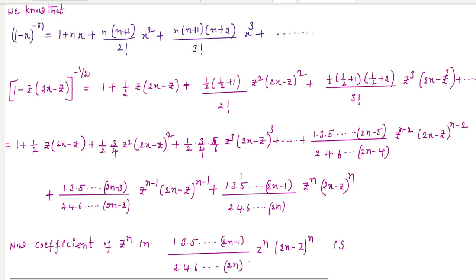If you carefully observe here, z power n into (2x minus z) whole power n. If you put 1 here, for example, we get z power 1 into (2x minus z). So this is our nth term equation. Please look at this equation.